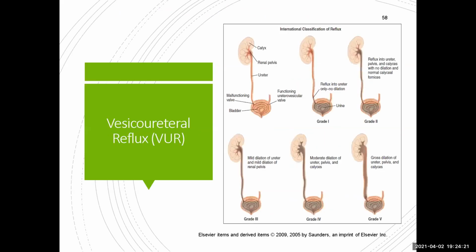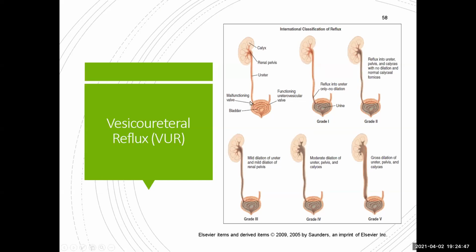These are all items that can have an effect on the urinary system. On this slide, VUR, vesicoureteral reflux, is a valve-like mechanism at the junction of the ureter and the bladder, okay?